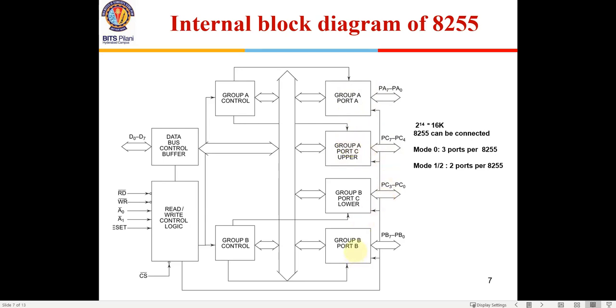Similarly, if port B is configured for mode 1 operation, then the lower part of port C will also be combined with port B. Then you will have a 12-bit port B, and these 4 lines will be used for handshaking signals. So is the operation of mode 0 and mode 1 clear to all of you?